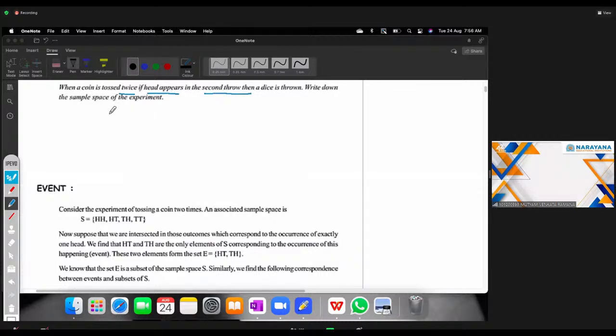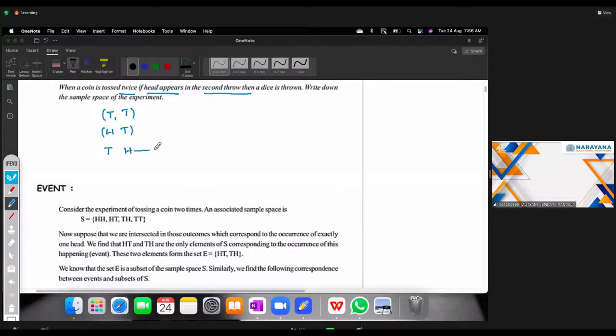So first one is head, tail and tail, no problem. Head, tail, no problem. Tail, head.